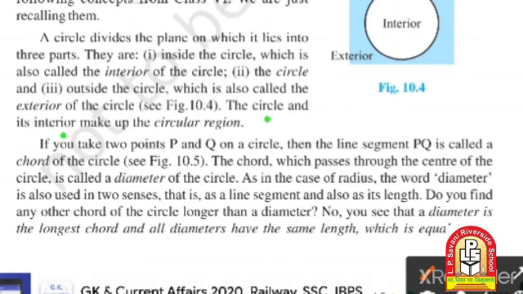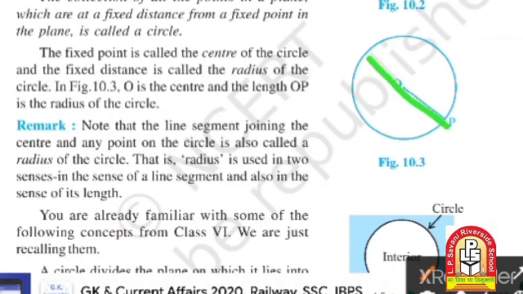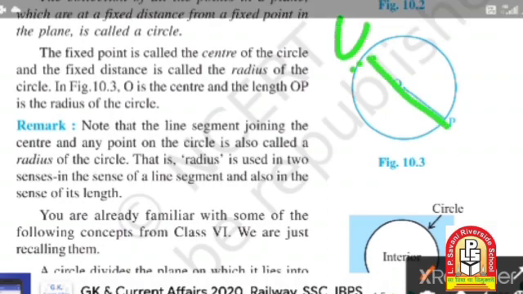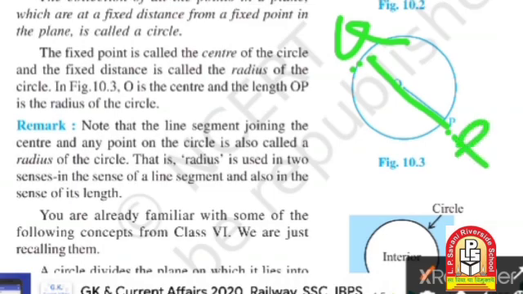If you take 2 points P and Q on a circle, then the line PQ is called a chord. So here the line PQ is known as a chord.